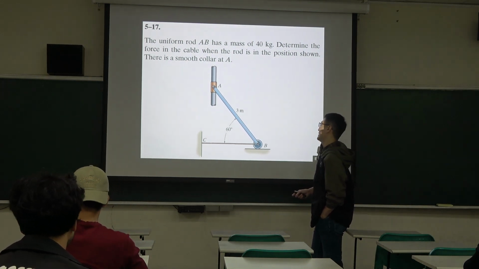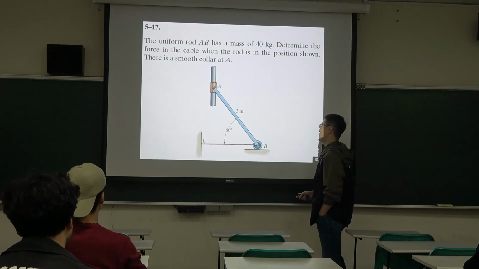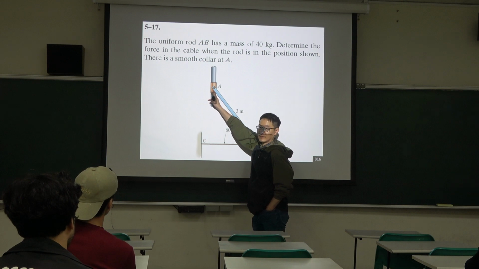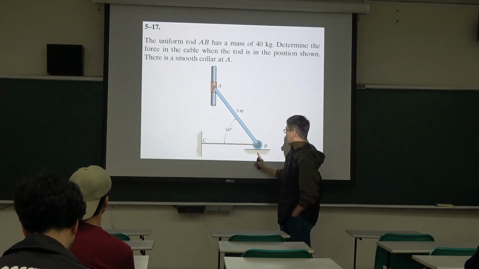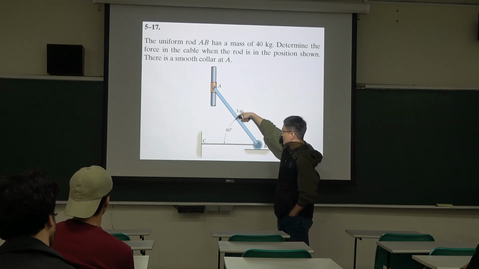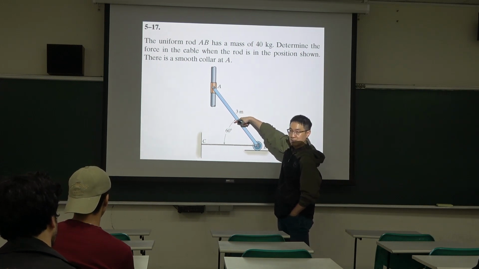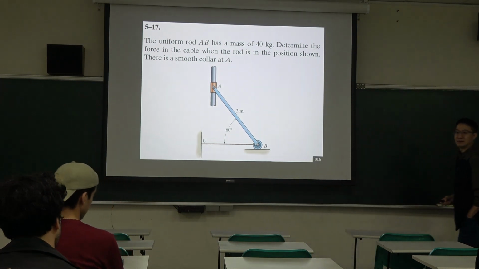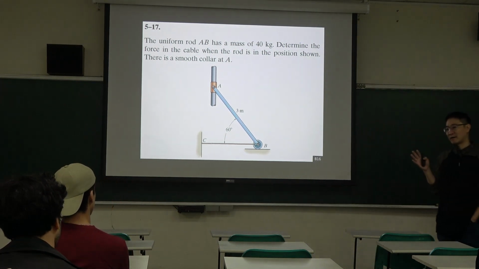Okay, then we can take a moment about this point, because we know the moment contribution from this reaction and also the moment contribution from the self-weight. So we can work out the force.